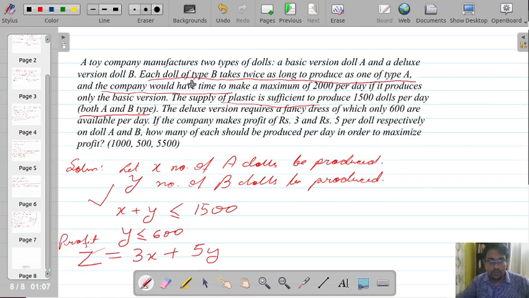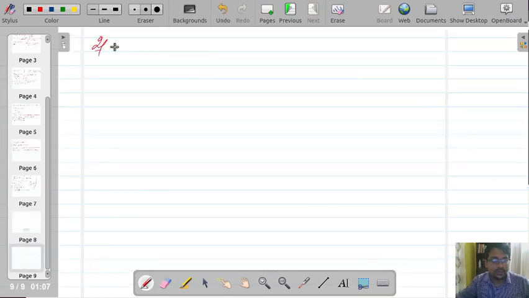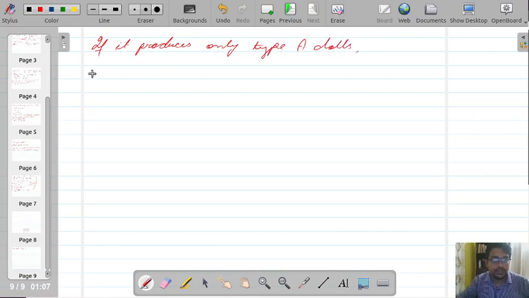And the company would have time to make a maximum of 2000 per day if it produces only the basic version. So if it produces only type A dolls, it can produce 2000 dolls per day.